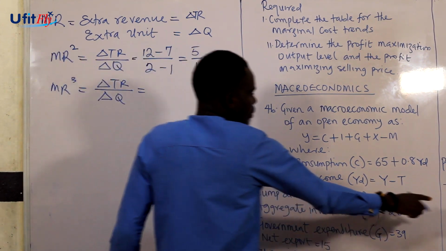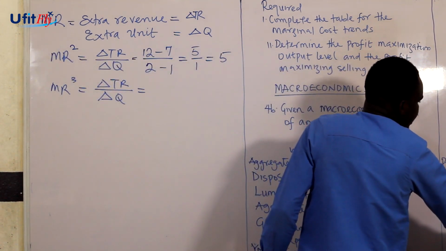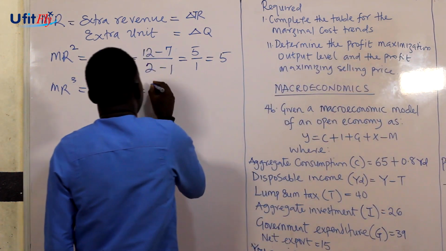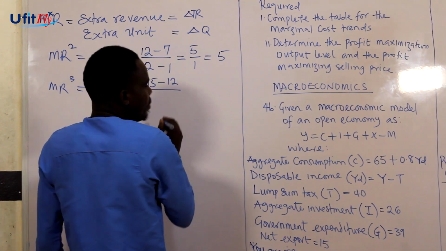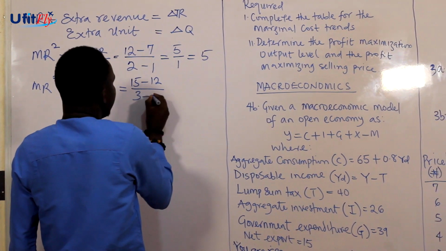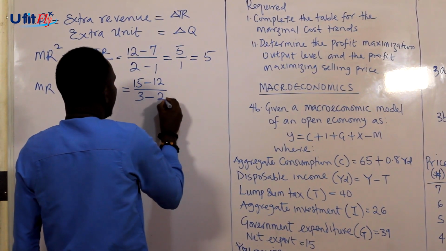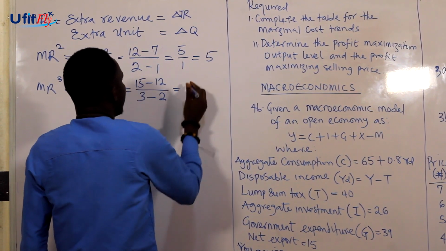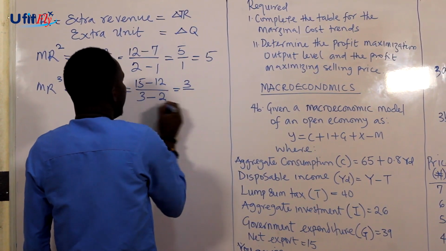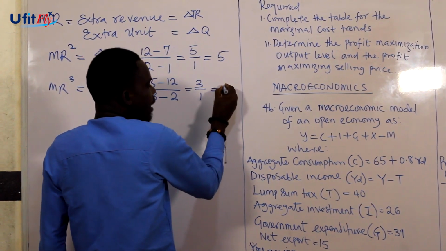At 3, total revenue is 15, initial revenue is 12. We have 15 minus 12 over 3 minus the initial quantity, 2. 15 minus 12 is 3, 3 minus 2 is 1. Then marginal revenue is 3.